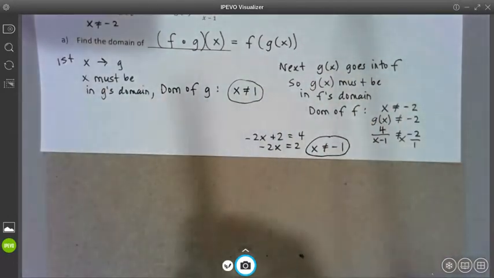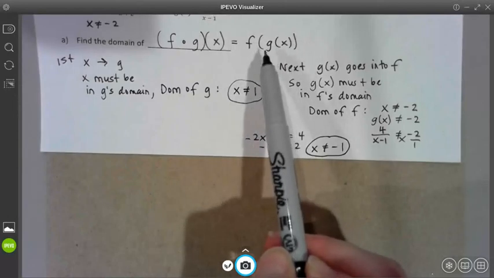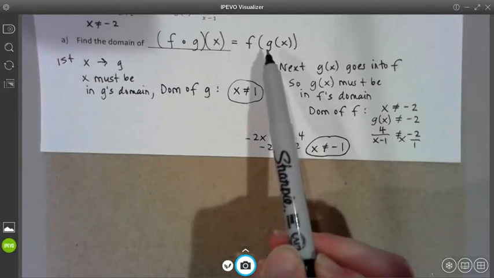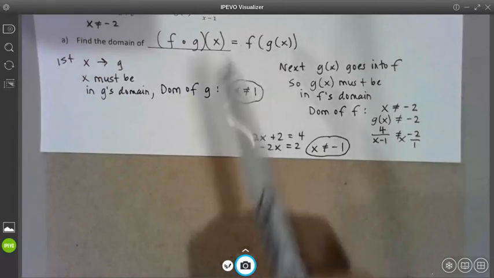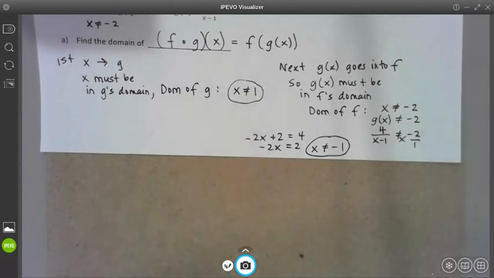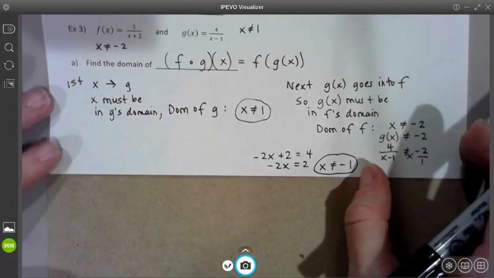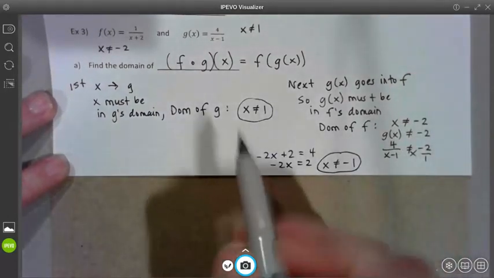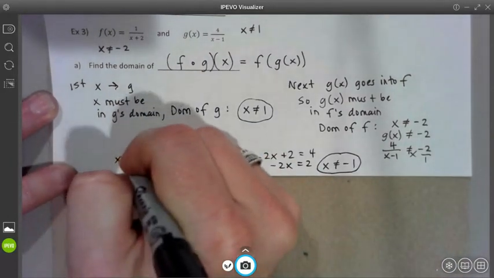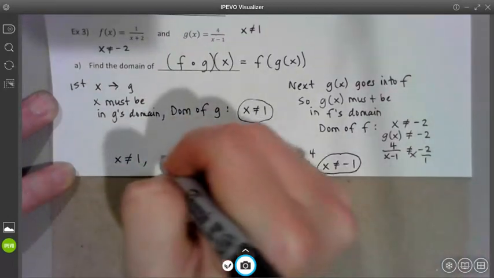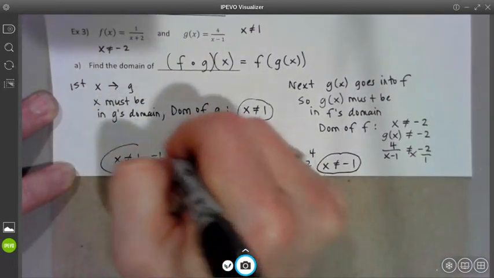If -1 is the resulting output from function g and then is asked to be put in there, I can't have that, all right? So your overall domain of f of g of x is we never want x to be 1 or -1, okay?